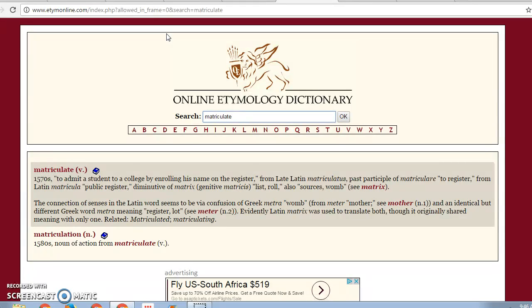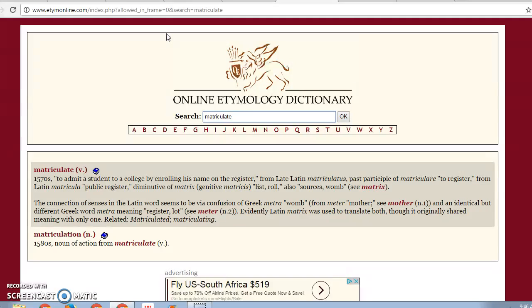But look, it's not such a clean and simple definition here. The connection of senses in the Latin word seems to be via confusion of Greek metra, meaning womb, and an identical but different Greek word meaning to register. Evidently, Latin matrix was used to translate both, though it originally shared meaning with only one. Well, who knew? But there it is.